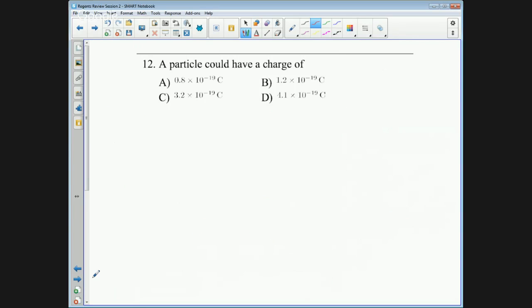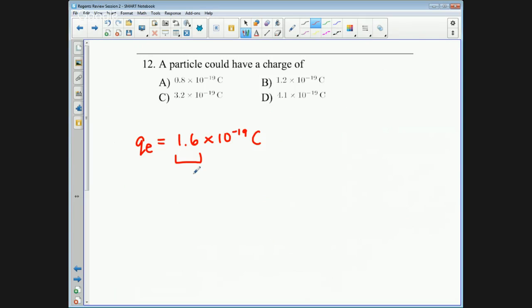Number 12 says, I don't know if you guys can see these numbers, I can barely see them. It says a particle could have a charge of what? Well, on our reference table, we see the charge of an elementary particle is 1.6 times 10 to the negative 19 coulombs. We don't need this exponent part. We just need to look at the coefficient.